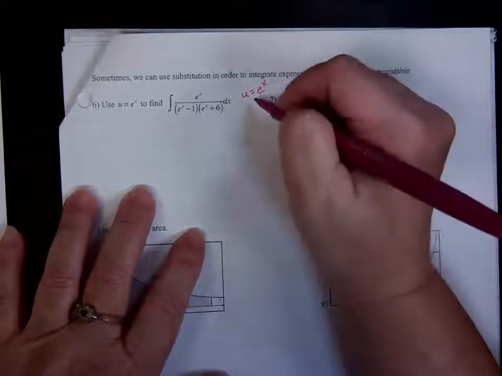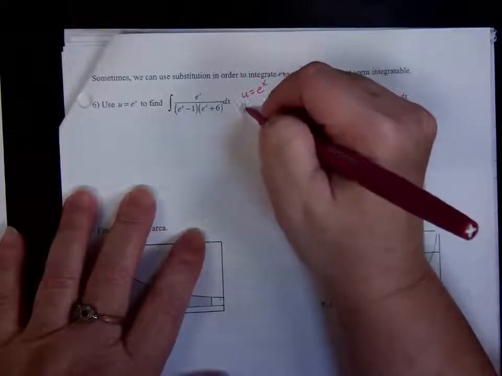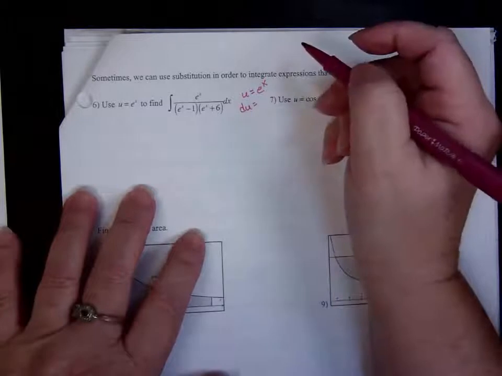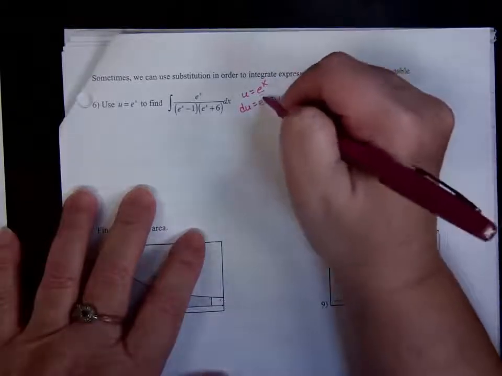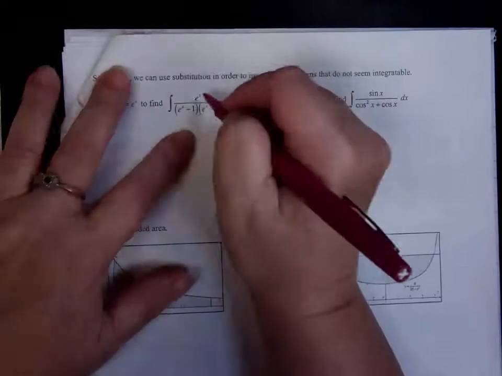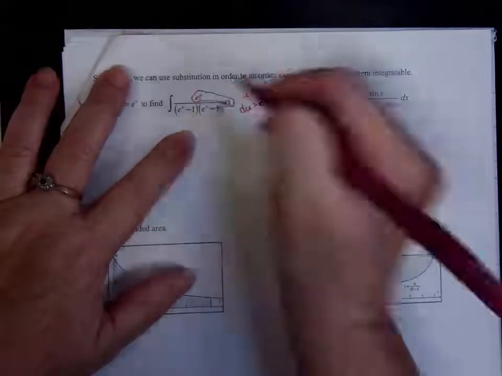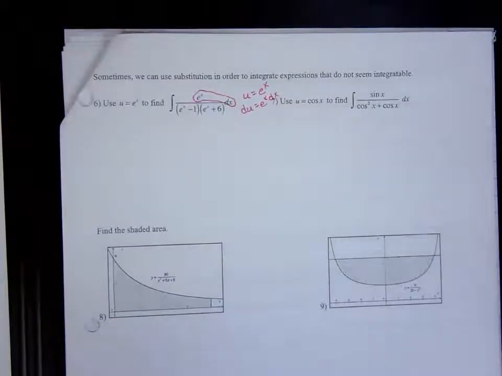Okay? So if u is e to the x, what is du? E to the x dx, which is this. There's my du.